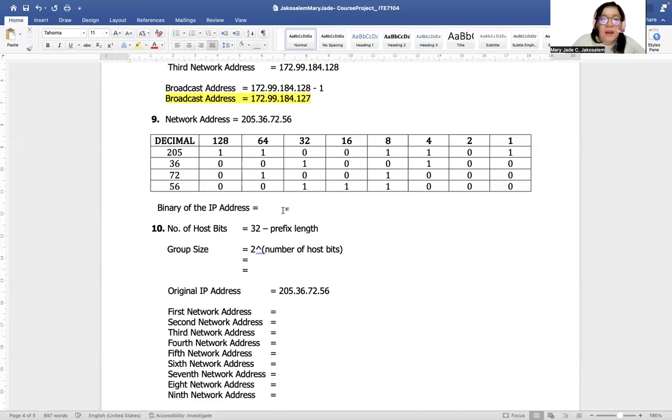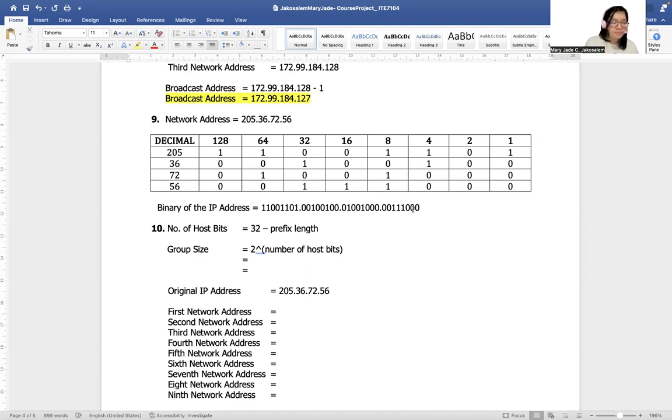Hence, the binary of our IP address is 11001101.00100100.01001000.00111000. Let me double check. 205.36.72.56.